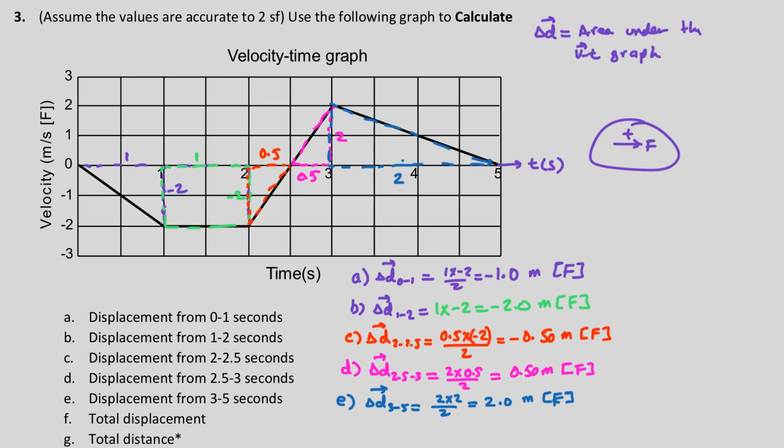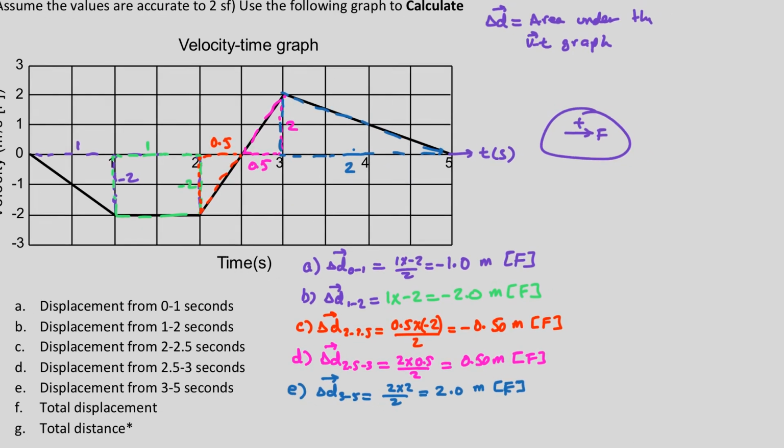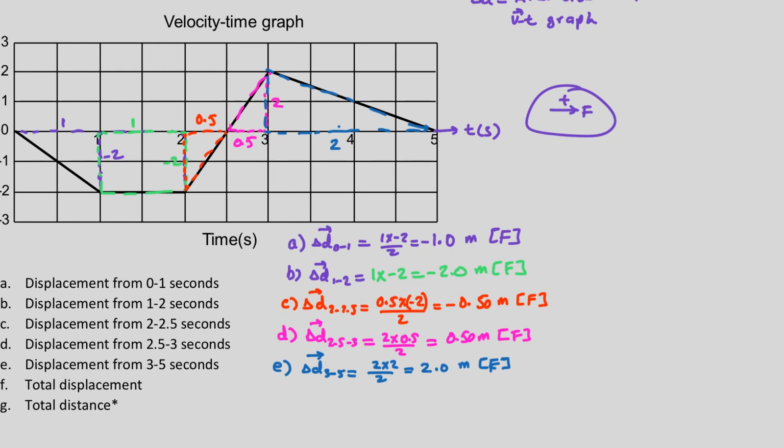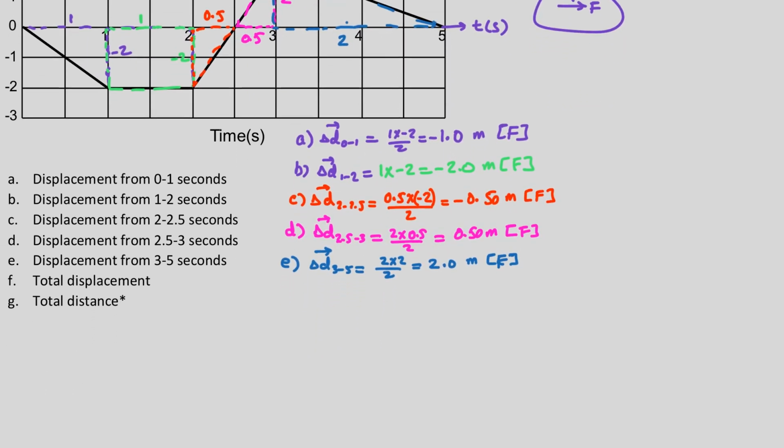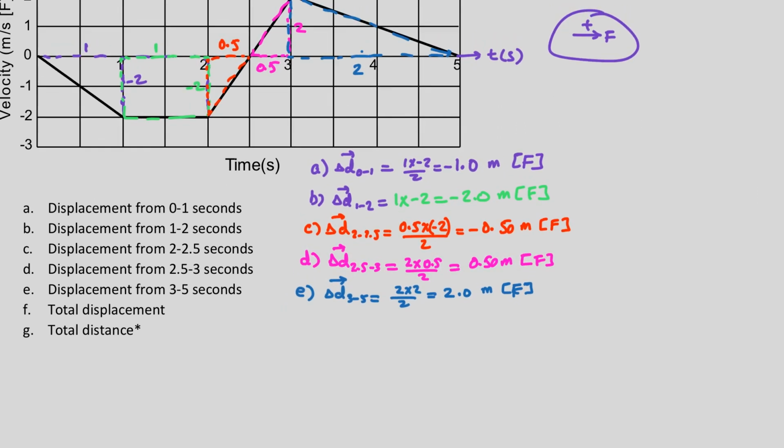Okay, the next part of the question is asking me to find the total displacement and total distance. So for the total displacement, I'm just going to move this down to here.